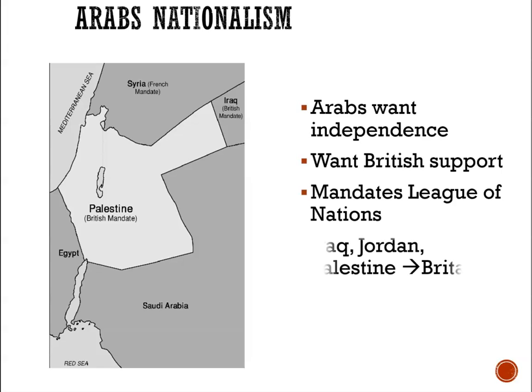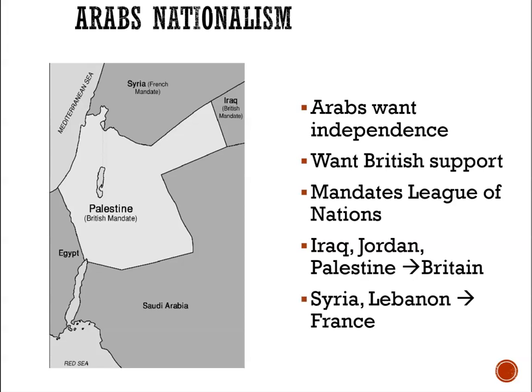And after World War I, we have the League of Nations, which creates mandates in this area. Iraq, Jordan, Palestine were under a British mandate, British control, while Syria and Lebanon were under French control. And you notice there's no independent Arab state anywhere to be seen.